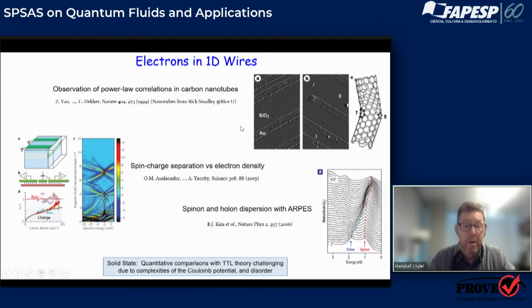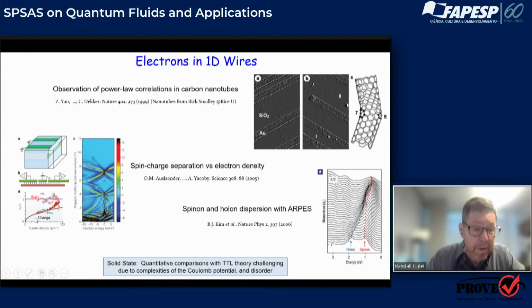This group, Amir Yacoby's group at Harvard, saw the fractionalization of charge and spin using heterojunctions. And this is a plot of the Fermi velocity over the velocity. So this is the inverse of the velocity along this axis. And this is the carrier density.